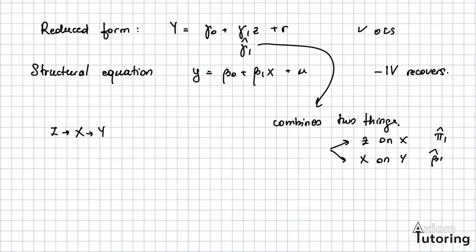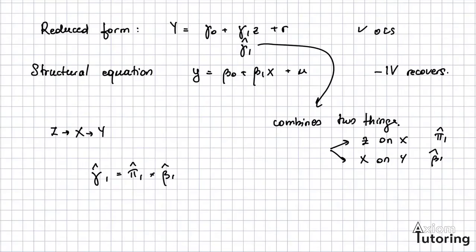So try to think of this gamma 1 hat. If you rearrange the beta IV formula, it's simply pi 1 hat times beta 1. Okay, so this relationship is quite important because it means the reduced form is not independent of the other two regressions. It is the product of them.